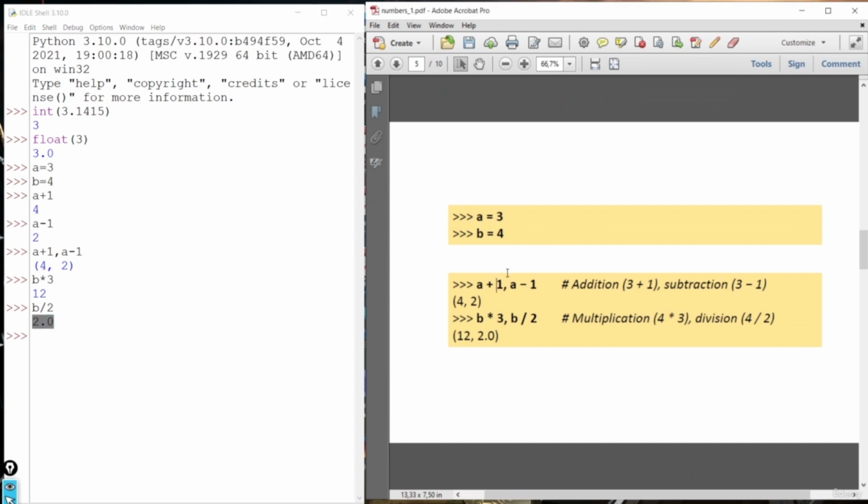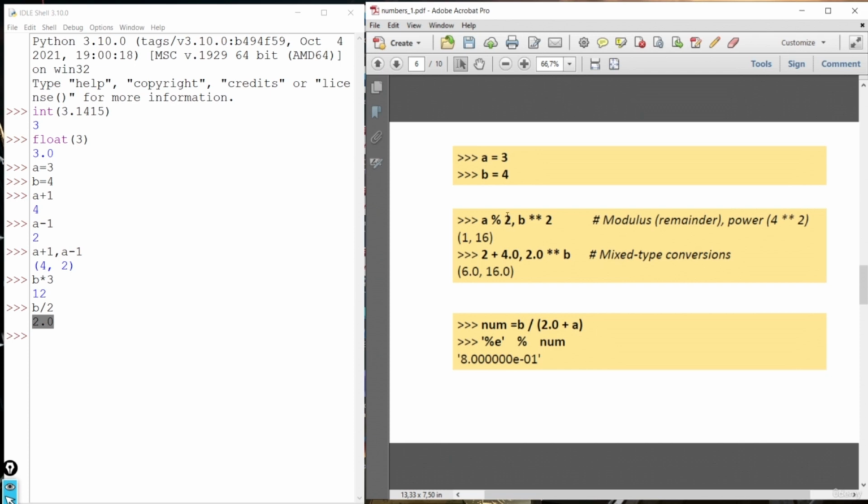Okay, let me continue. Again, we are considering the same integers, a equals 3, b equals 4, and this is remainder modulus operation. We divide a by 2 and take the remainder. a equals 3. When 3 is divided by 2, what's the remainder?